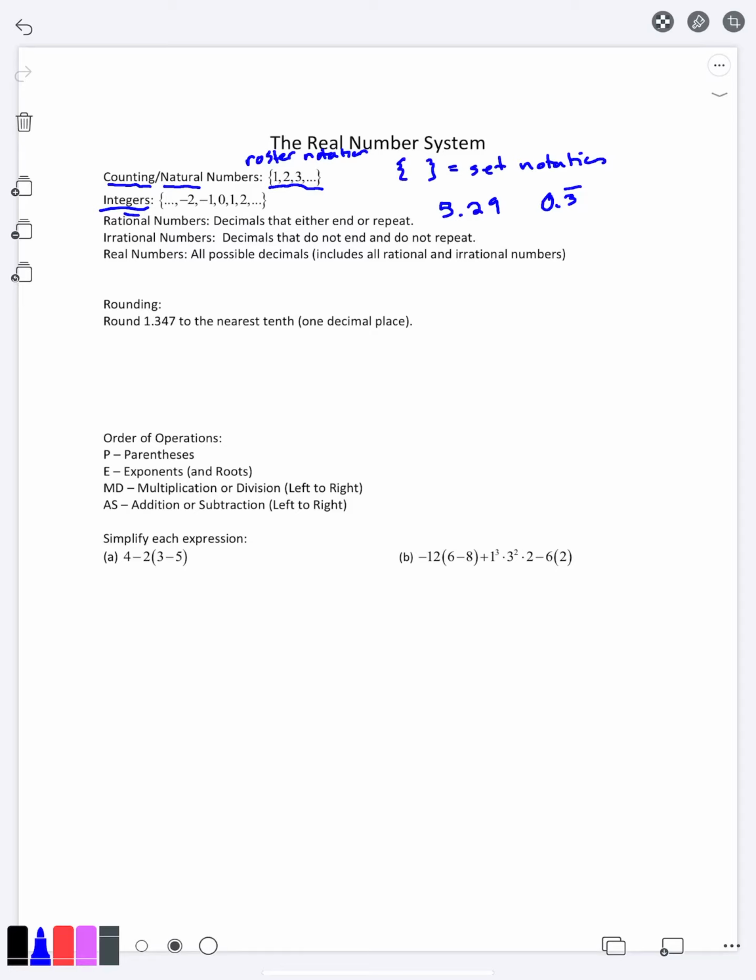Now, if you were to look in a math textbook for the definition of rational number, they would write it as follows. They would say the rational numbers are the set of all a over b, such that a and b are integers. Basically, rational numbers are all the numbers that are fractions of two integers, positive or negative. And when you describe what it is and then give a rule for it, this is called set builder notation.